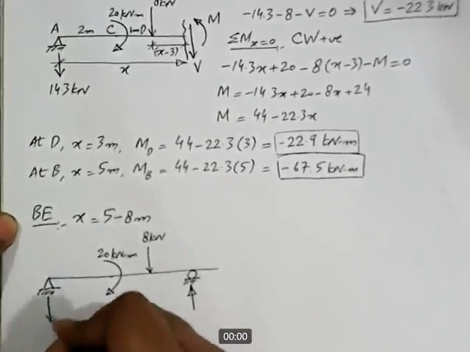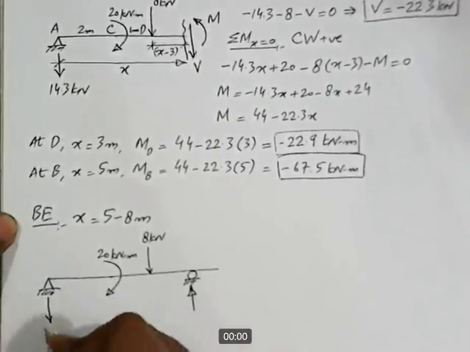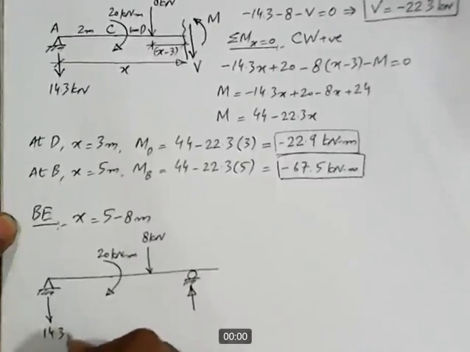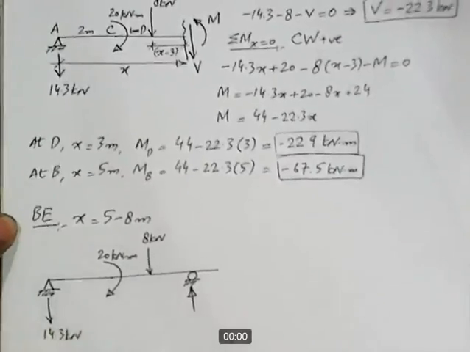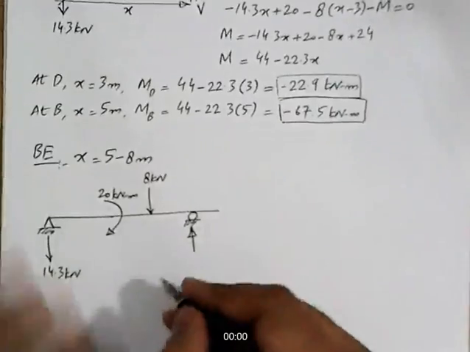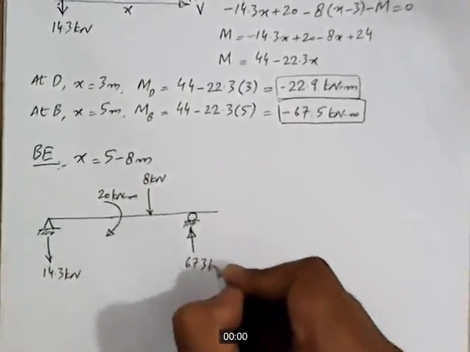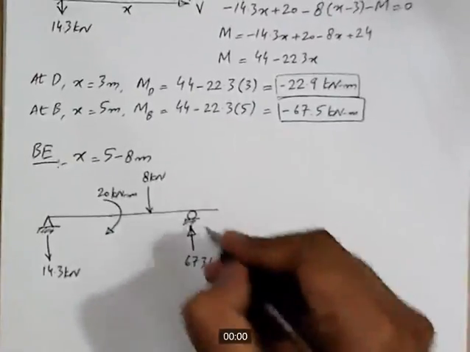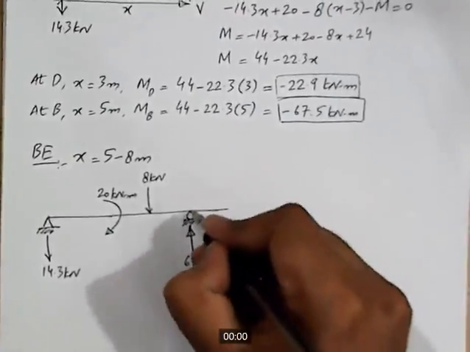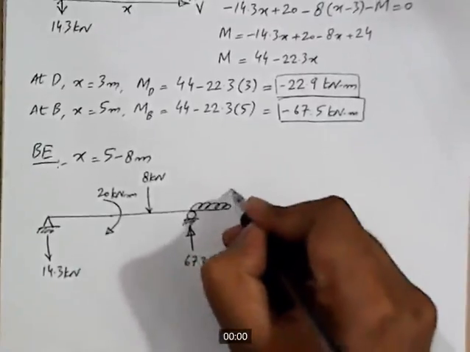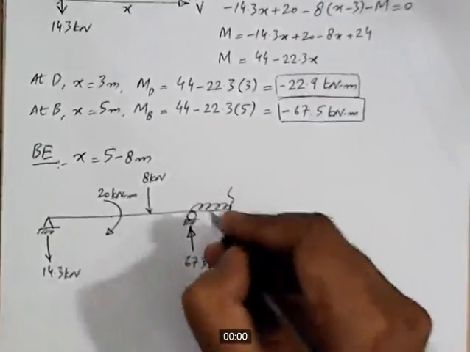Similarly, we have a reaction under the hinge support, 14.3 kilonewton and 67.3 kilonewton. We have a UDL in this part. Here is the section.